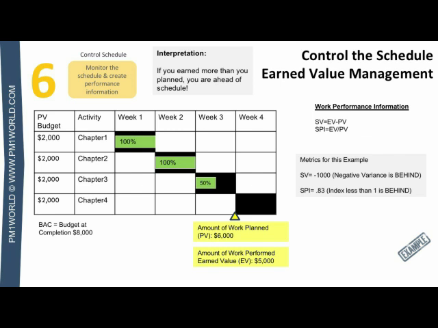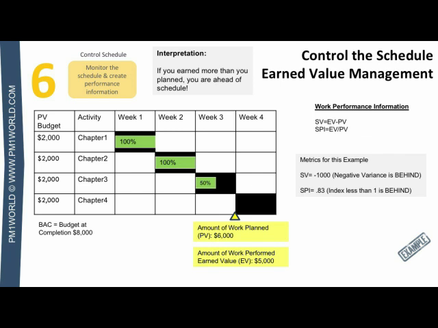So let's take a look at an example. You'll see that there are two metrics: schedule variance, SV, and SPI, schedule performance index. Now, how are those calculated, and where does the data come from?